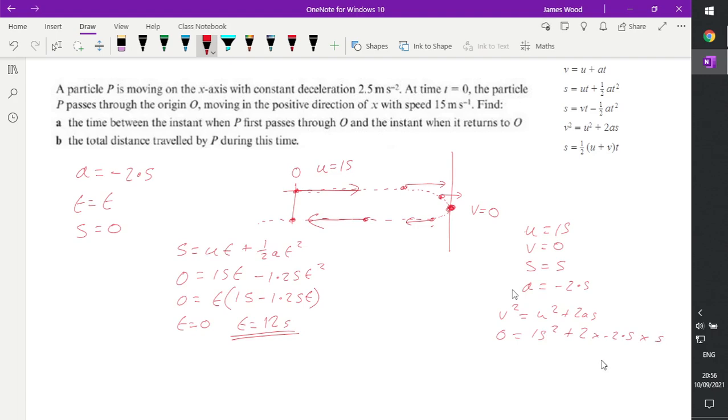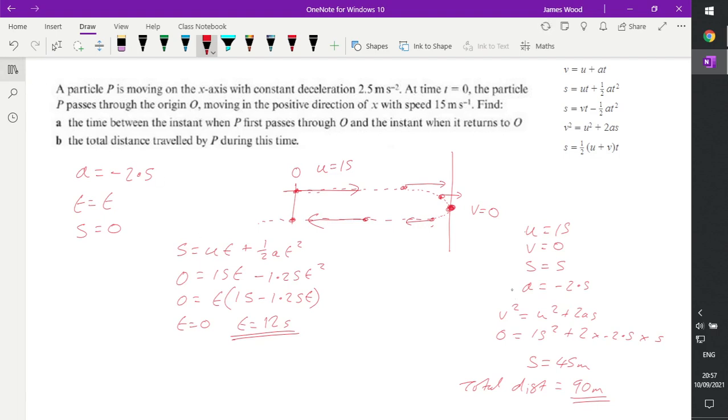And we can find out what s is. So we get 45 meters. Okay, so that means the distance from the start to the point where it turns around and comes back on itself is 45 meters. So therefore the total distance must be 90 meters, because it's got to go there and then back again. So it's 90 meters in total.